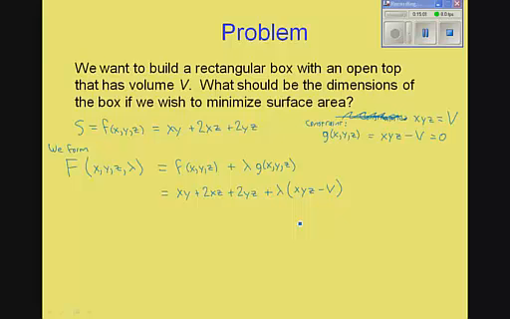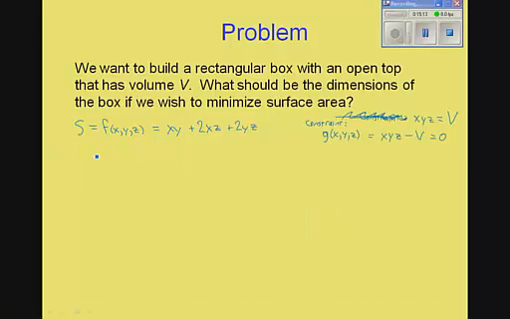What I'm going to do now is find the critical points of big F. Okay, critical points of big F. So let's look again. We're going to use the theorem that the gradient of F equals lambda times the gradient of G. Okay, and really this is a vector equation.